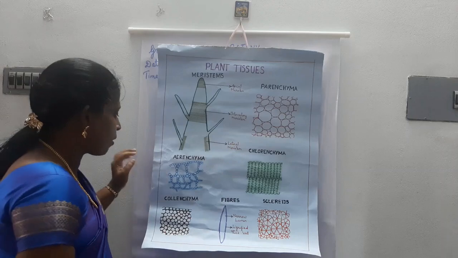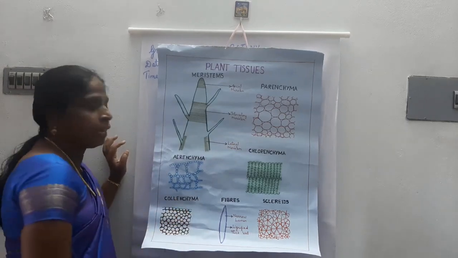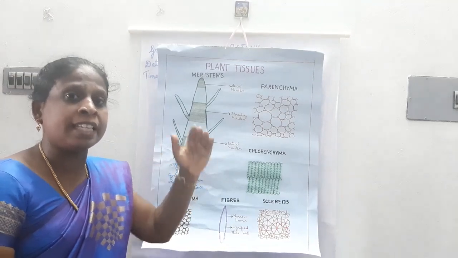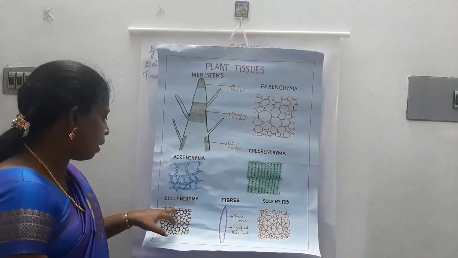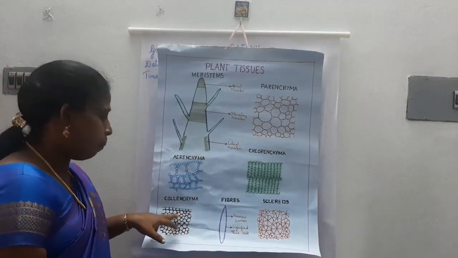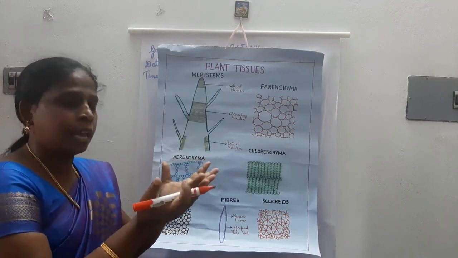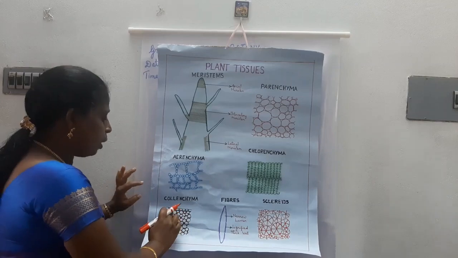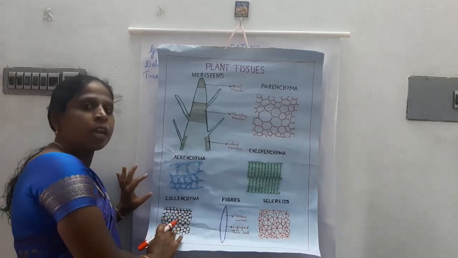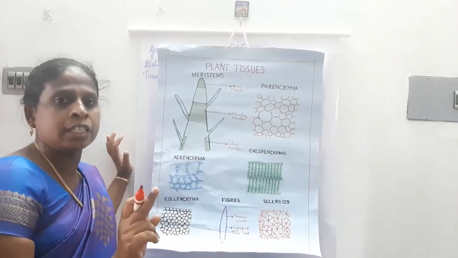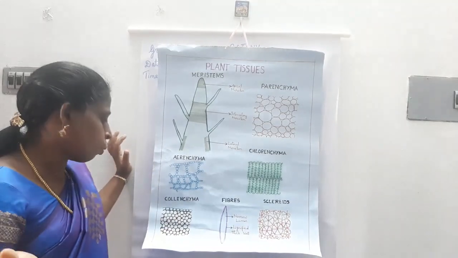The second type of simple tissue is called collenchyma. See, the collenchyma is mainly present just below the epidermis of the plant tissue. Epidermis means the outermost layer of the plant part. So, below the epidermis the collenchyma tissues are present, but only in the stem part. It is absent in root.